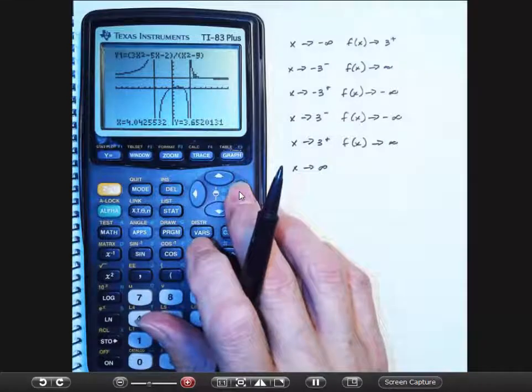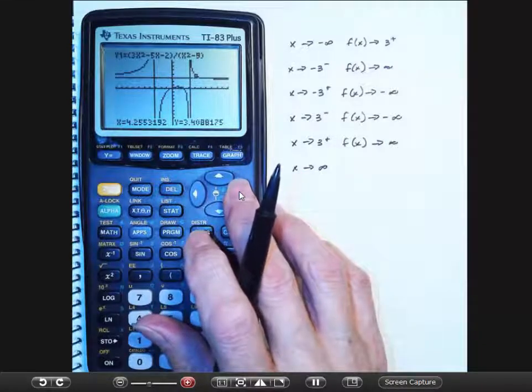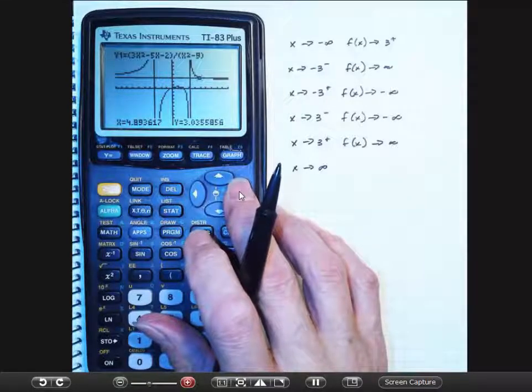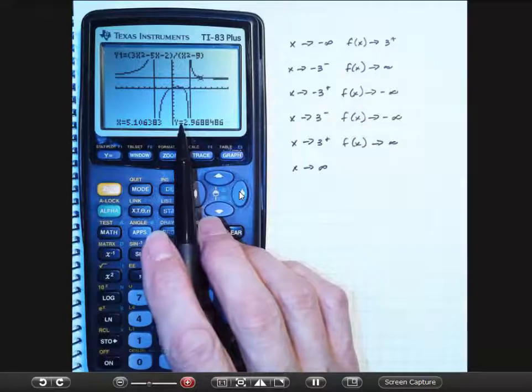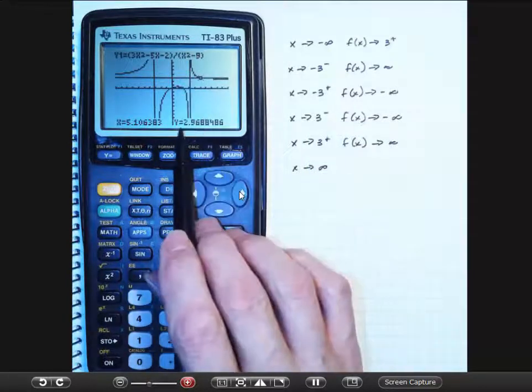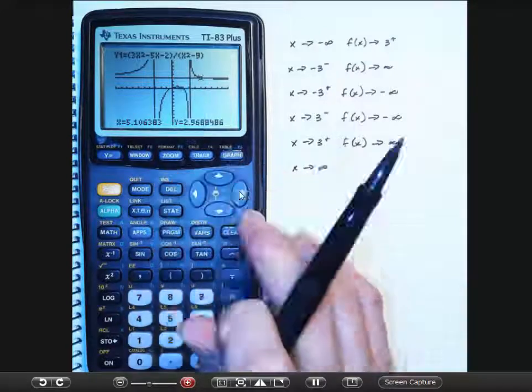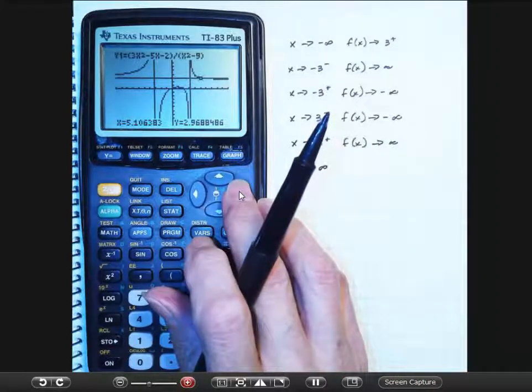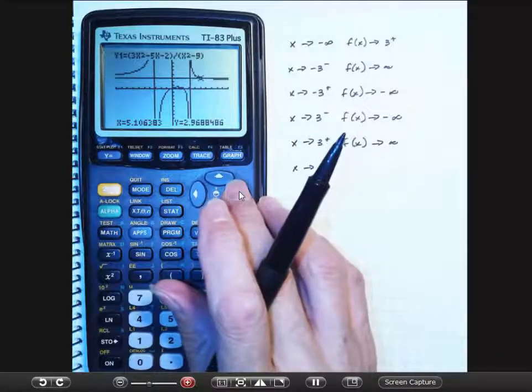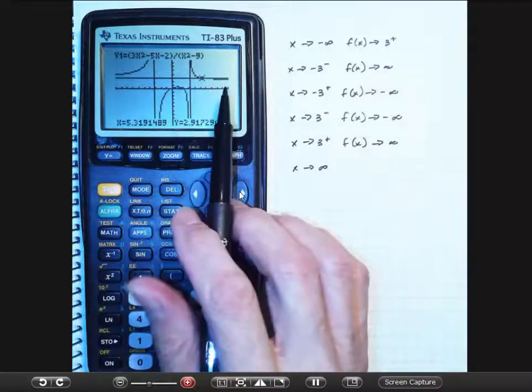We're coming down, we're getting closer to 3 at 3.4, so we're real close to my horizontal asymptote. 3.2, 3.1, 3.03. Now look what happened. We're actually below our horizontal asymptote. So what's happened is we have crossed the horizontal asymptote. As we continue x to the right, we're now at 2.91.